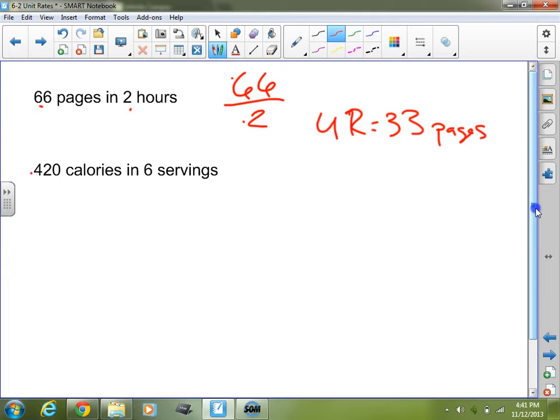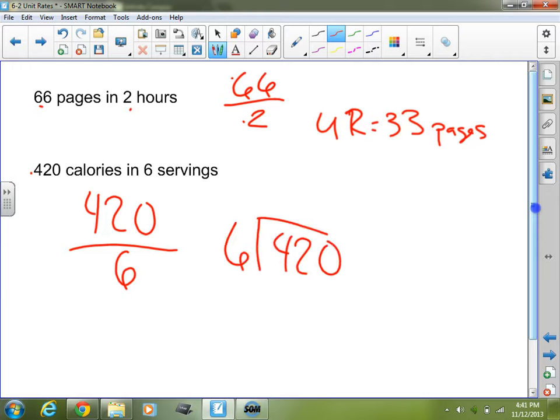Next one, 420 calories in 6 servings. Once again, I'm simply going to set up my fraction, and I want to find it in 1 serving, or the unit rate, so I'm going to divide it out. It's going to go in 7 times.